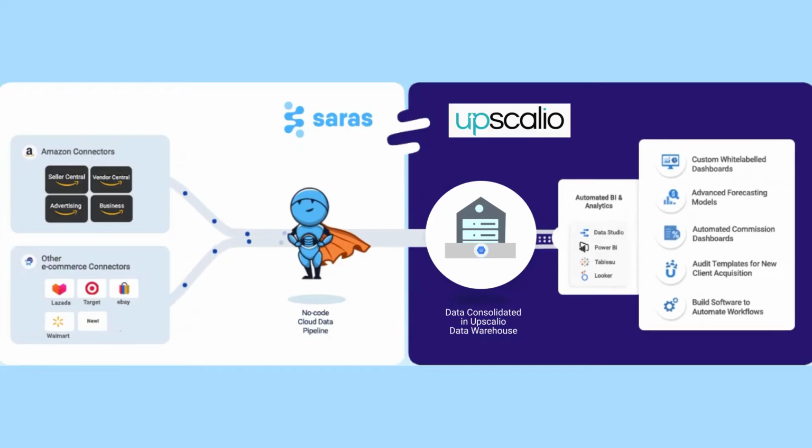We were fairly new when we onboarded Saras as a partner, so we required the right direction and the right expertise in the same domain. That's where the Saras team came into the picture and helped us build the entire analytics platform and the reporting the way we wanted it to be. So these are the two ways Saras helped us.